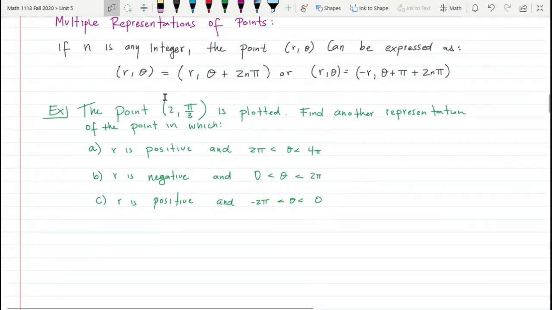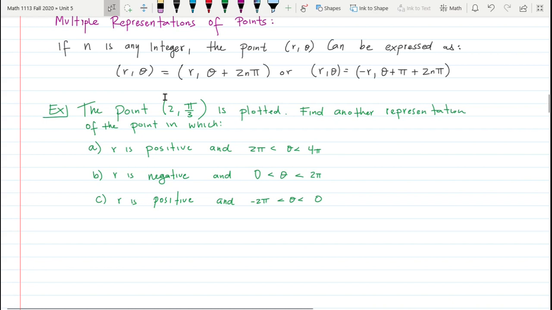So let's do an example. We want to plot the point 2, pi over 3. Well, let's say that it is plotted. We want to find another representation for the point given these characteristics, right? This is the criteria that we have to meet.